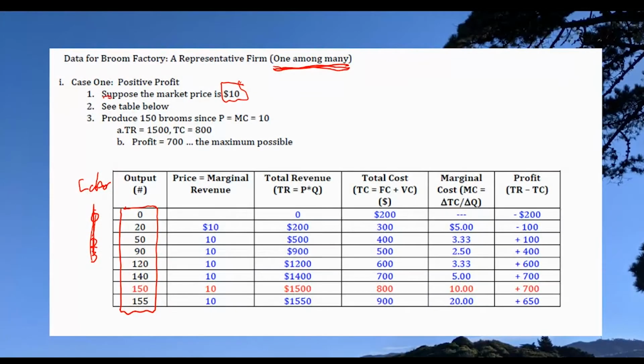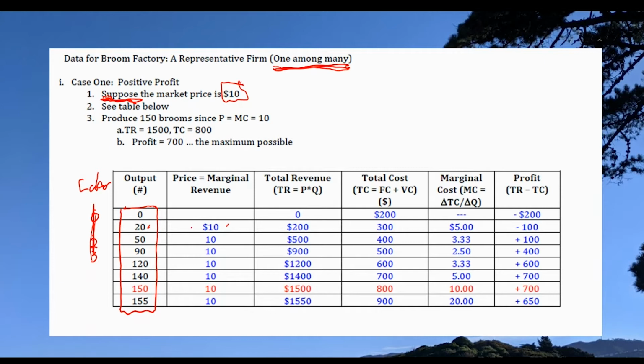This is an added assumption we're now adding to this market, saying let firms wake up, go to the market and say, oh look, everybody is selling the product at the price of $10. That means they can sell 20 units at $10, or 50 units at $10 each, or 90 units at $10 each.